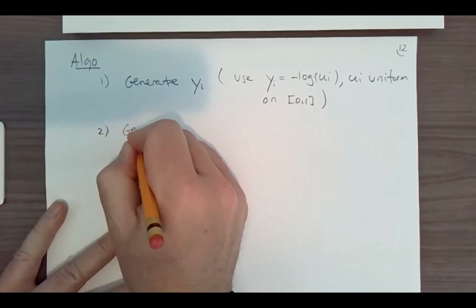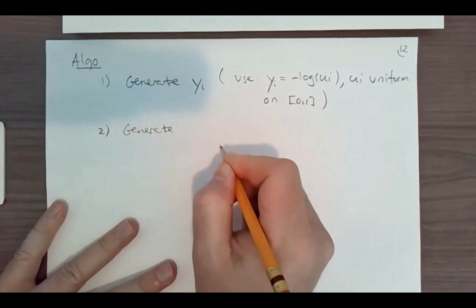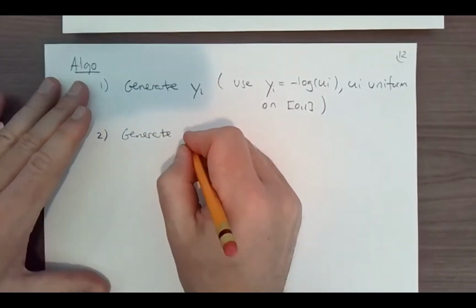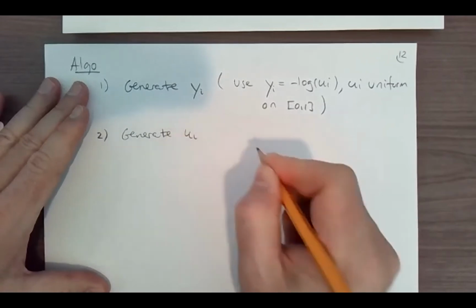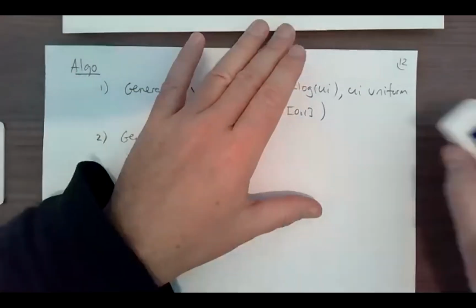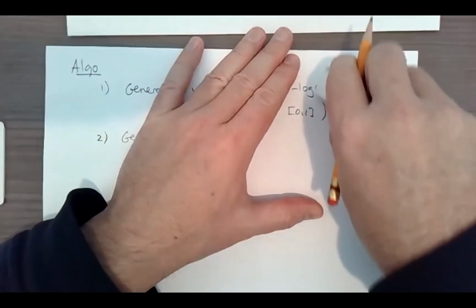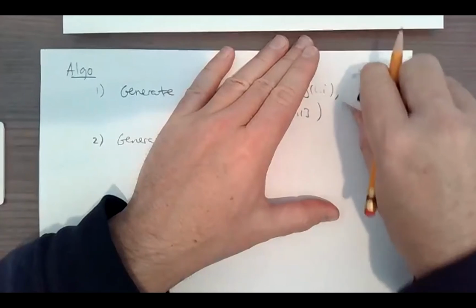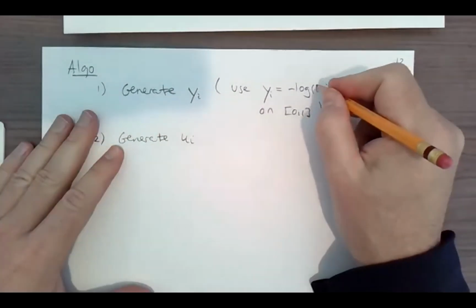Then you're going to generate U. These are different, so maybe I should say a V here so we don't get these mixed up. These are not the same. So I'm going to say V here.